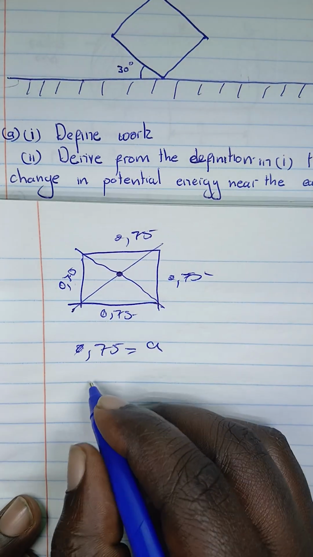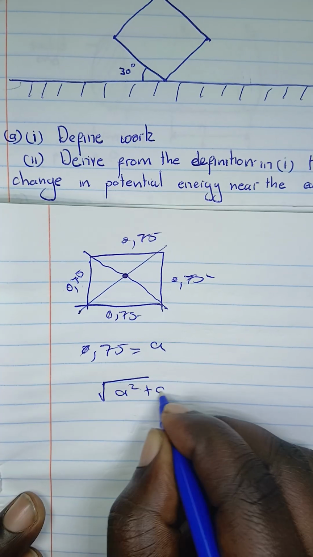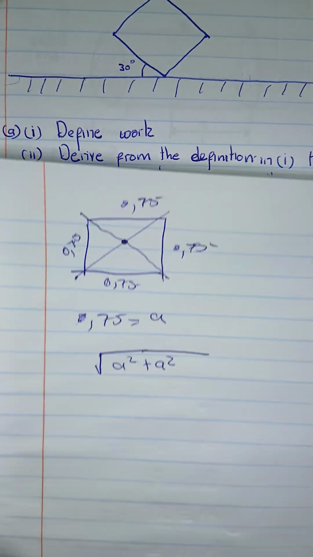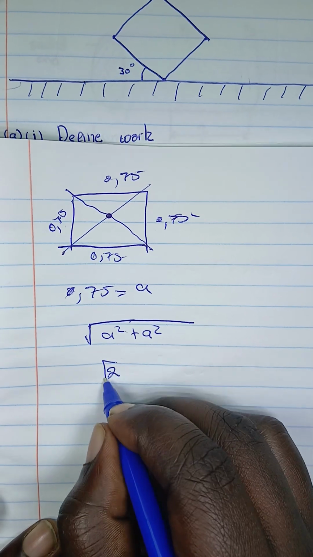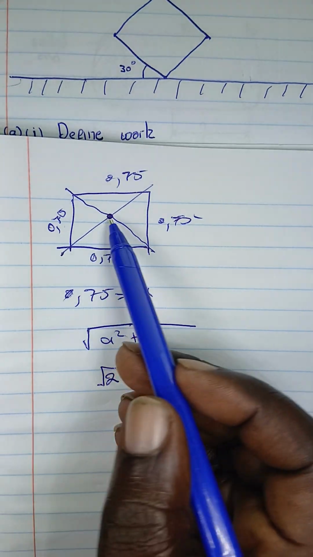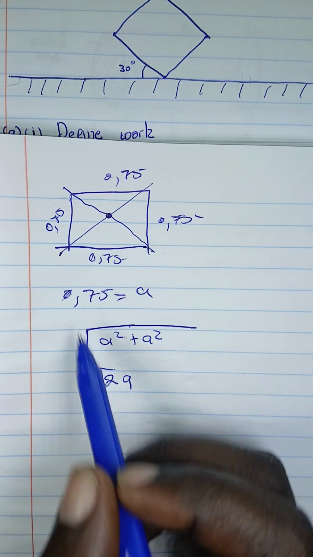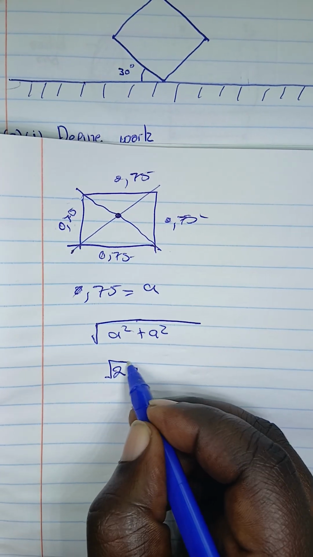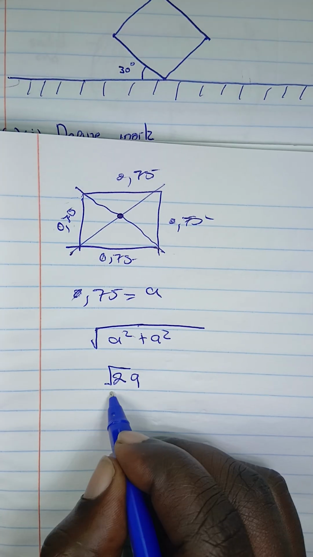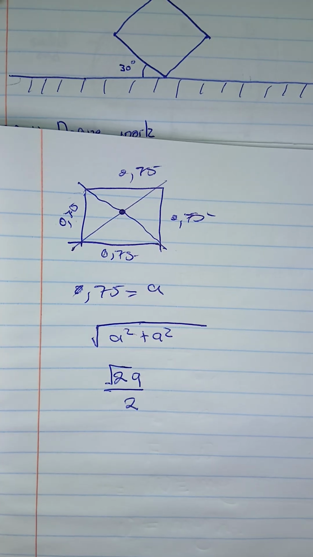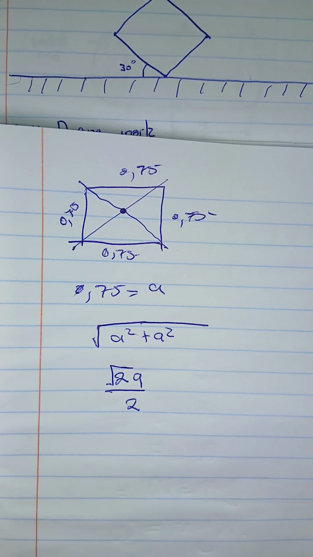So according to Pythagoras, the square root of a squared plus a squared is going to be equal to root 2 a. You find the length of this diagonal, but you need half of it, so it's divided by 2. That's half of it. So let's move on.